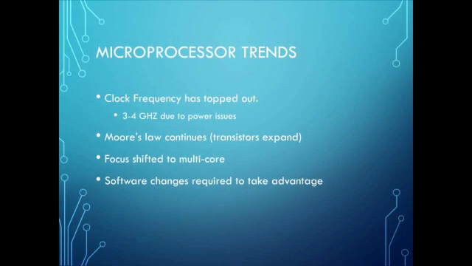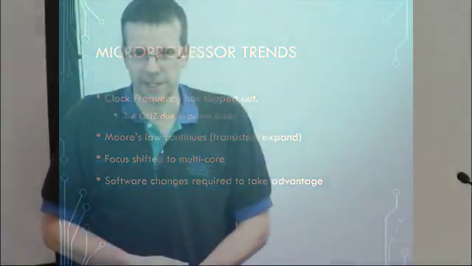So microprocessors, as you probably know, haven't been getting faster for the last 8 years or so. They just decided to add more cores instead. So 3-4 gigahertz is about the fastest you'll see, mainly because of power constraints. As anybody who's overclocked a CPU knows, if you crank up the clock speed, it's going to hurt you, and you're going to have to cool it quite a bit to make it work at all.